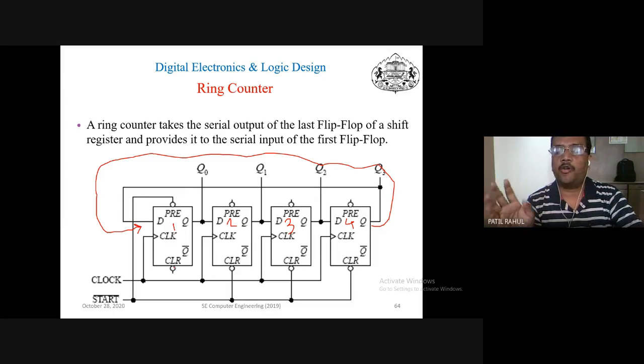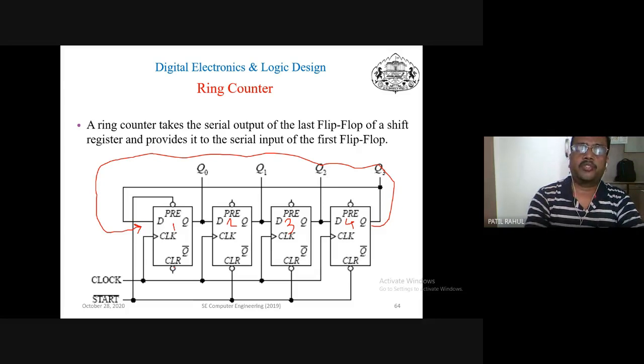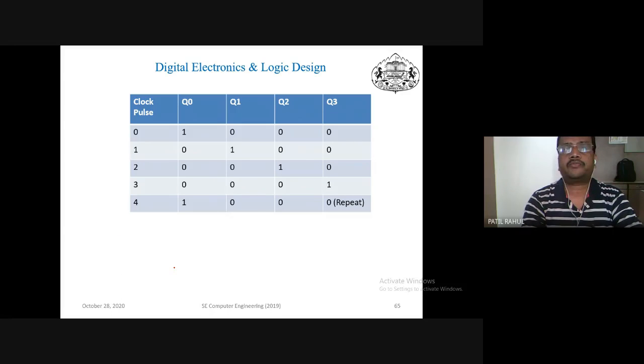Next, the output of the last flip flop is connected to the input of the first flip flop. One more point regarding this ring counter: the same clock input is applied to all flip flops. Now we will see the operation of this ring counter.